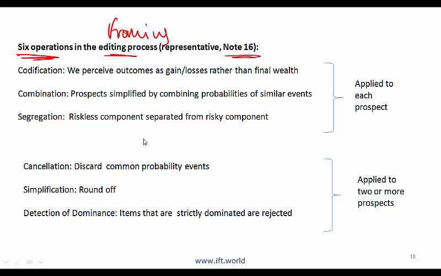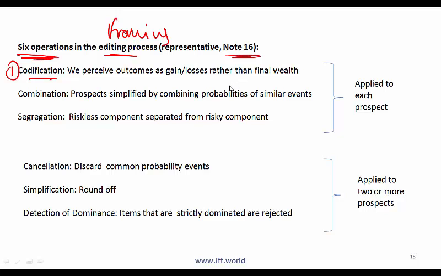Now, one representative way of expressing the framing process is to talk about 6 operations. These are representative operations that are done to set up or frame your problem. The first is codification, where we perceive outcomes as gains and losses rather than final wealth.